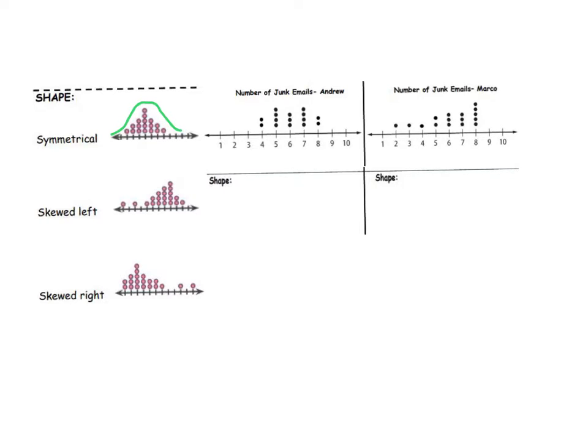So what do you know when it's symmetrical? That means that it's even. If you draw a line right where the tallest point is, symmetrical means that the same amount of data is on one side as it is on the other. So we're going to say same on each side.